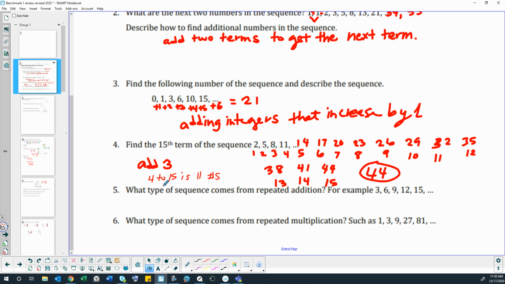And each number goes up by 3. So if you add 3 11 times to get to the 15th number, can't you just go 3 times 11? So you would be adding 33 to the number you already have. So instead of having to go through and count each one, you could actually just take the 11 and add 33 to it to get the 44, because it's just the same amount each time.